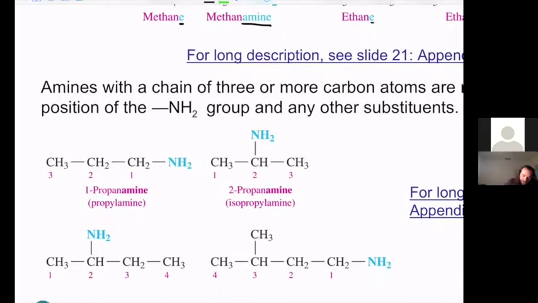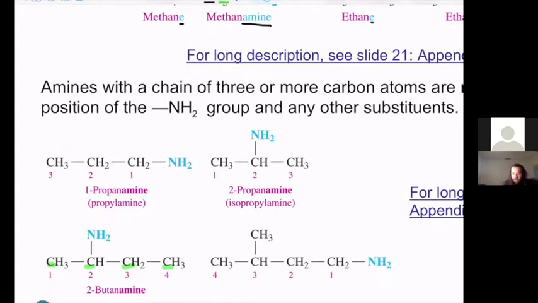So let's take a second and see if we can do this one here. So this is 1, 2, 3, 4 carbons, so that would be that but term that we would use to indicate 4 carbons. And then the amine group is on carbon 2, so 2-butanamine. And we can, of course, have more complicated, branched structures.